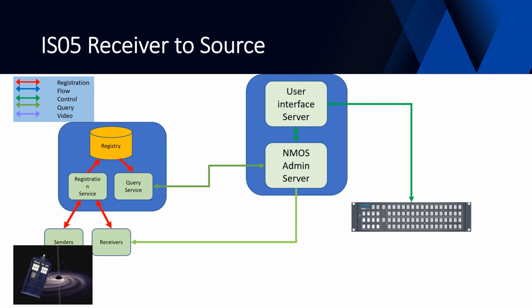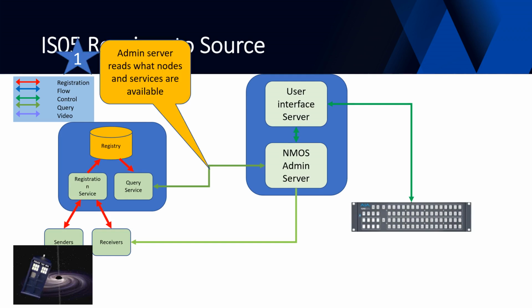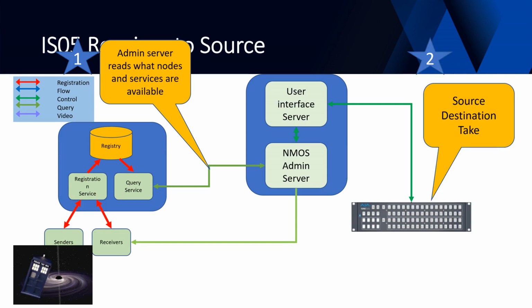So in order to interface with the user service, to do something as simple as a router panel here, the NMOS admin server, which is the user supplied data equipment, is going to query that query server and load into its database all the senders and all the receivers that are out there. So when you hit source destination take on the user interface, it's going to talk to its admin server.